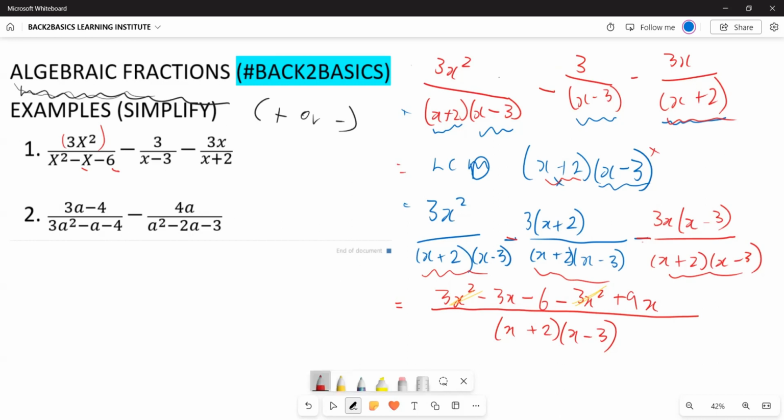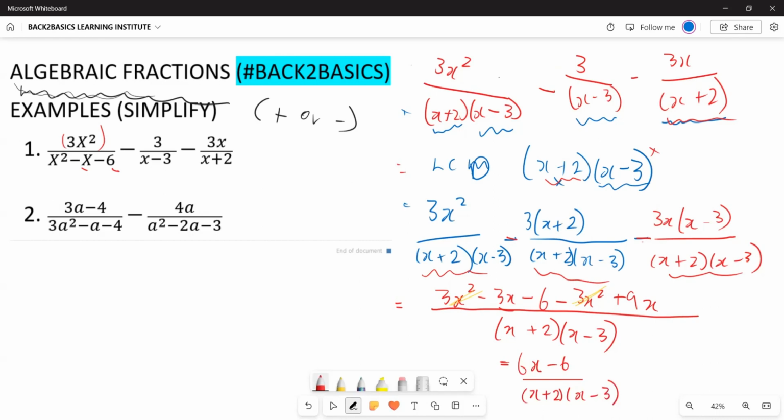Let's get our red color again. So this is going to be the same as negative 3x plus 9x. That one is going to be the same as 9 subtract 3, so this is going to be your 6x. And you're having 6x, subtract your 6, over what is in your denominator, it's x plus 2, close bracket, and x minus 3.